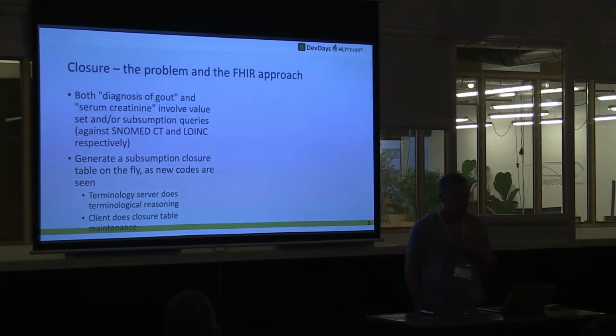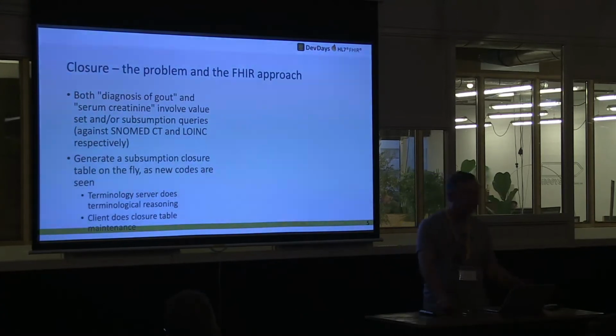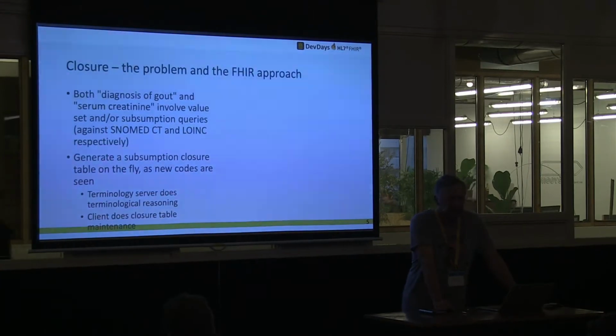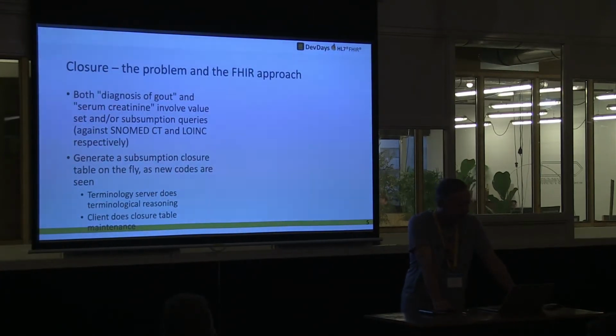Part of the terminology side of it, particularly if you're dealing with lots of data, is the need for closure. You should think of it as transitive closure, which is the more mathematical term.